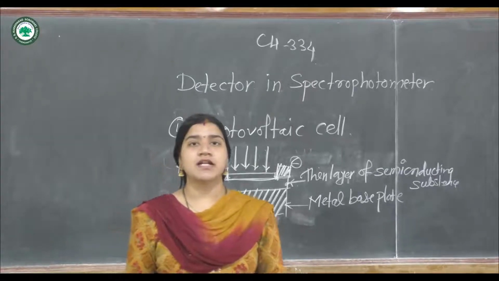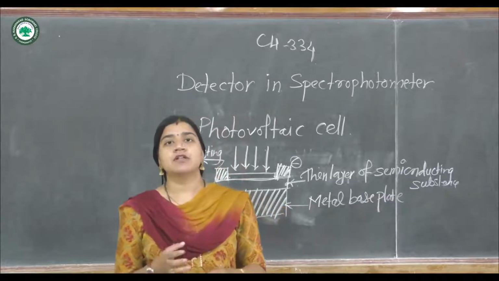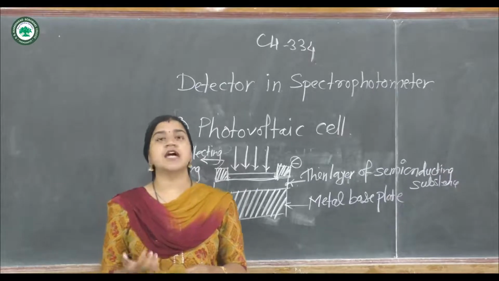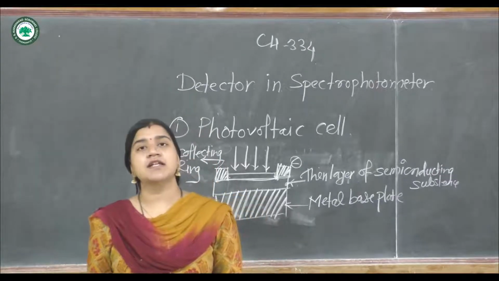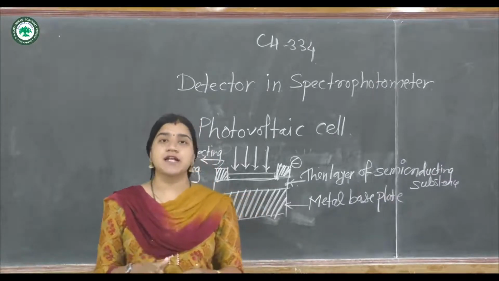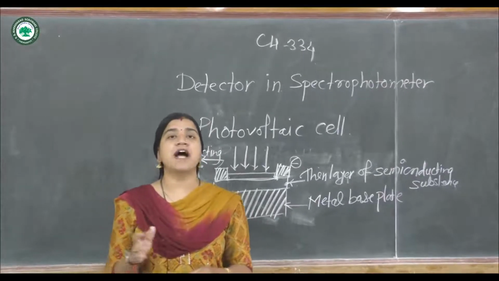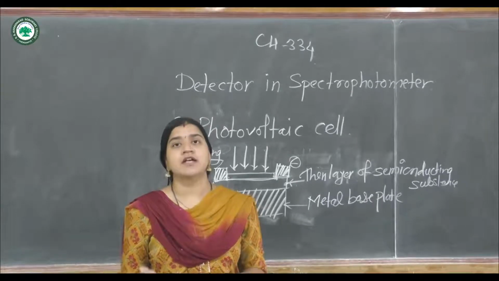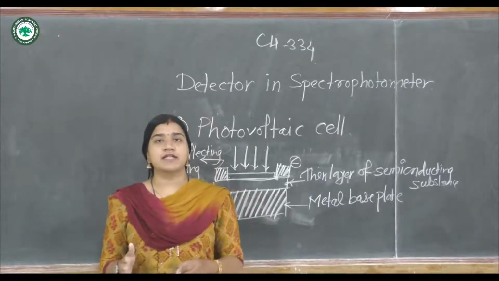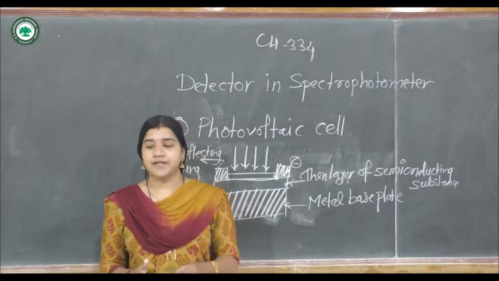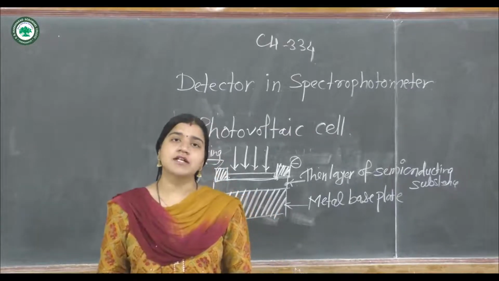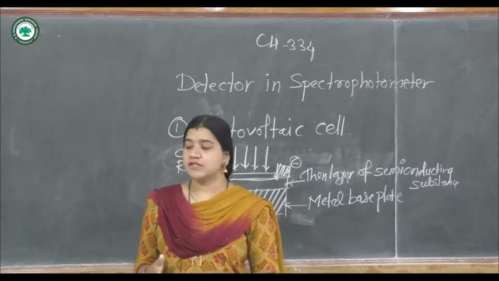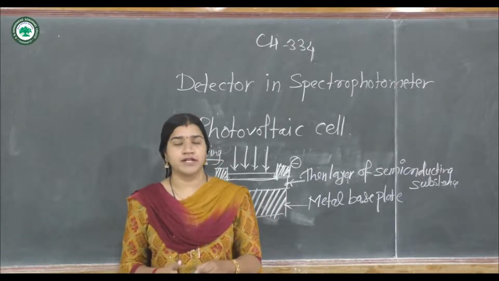As the incident radiation falls on the metal surface, electrons are generated at the metal plate-selenium interface, and these electrons pass through the circuit and the current is recorded. So there is no need of a battery. This is the first type of detector.